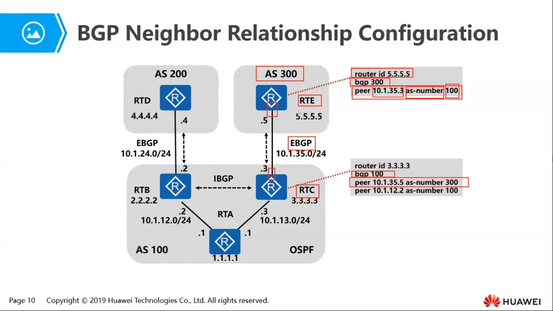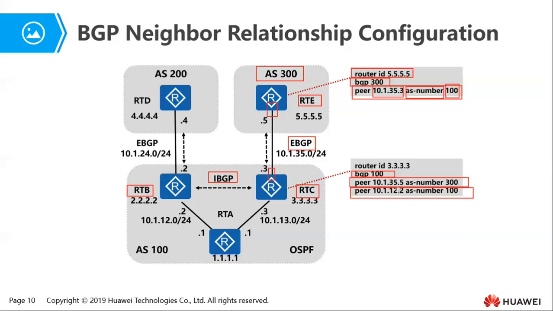Now, other than that, you can also establish IBGP. So RTB and RTC are in the same autonomous system. So they can establish an IBGP peer relationship, neighbor relationship. So how to do that?